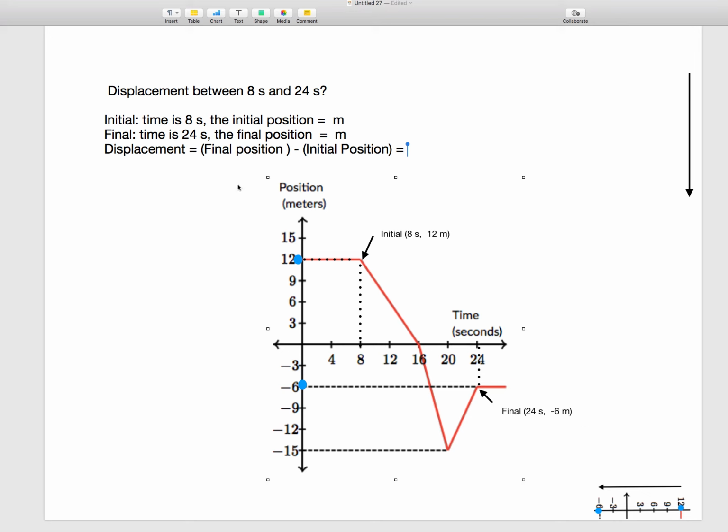Alright, so let me put the values here. When the initial time is 8 seconds, the initial position is 12 meters. And then when the final time is 24 seconds, the final position is minus 6 meters.